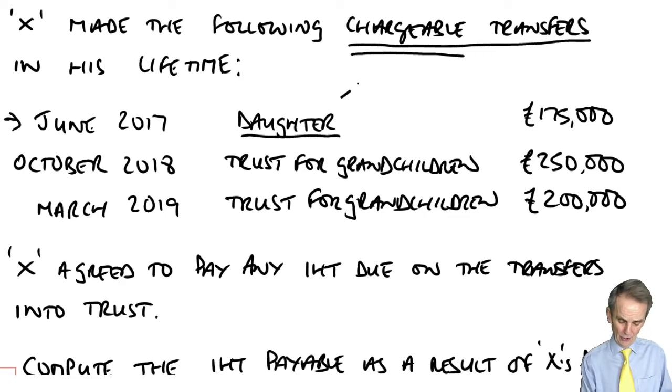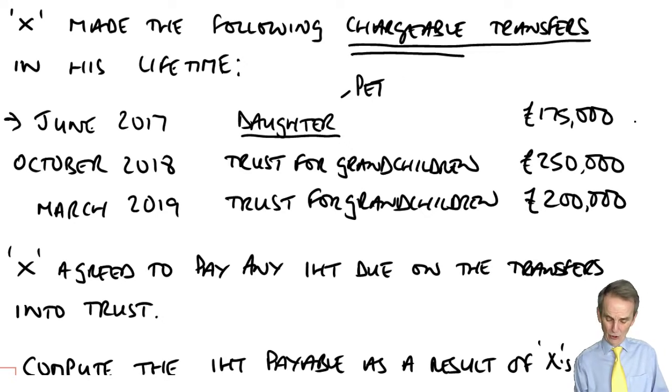A transfer to the daughter, therefore, that is a PET, a potentially exempt transfer, the value of which was £175,000. Then, firstly, in October 2018, a transfer into trust set up for X's grandchildren. A transfer into a trust.